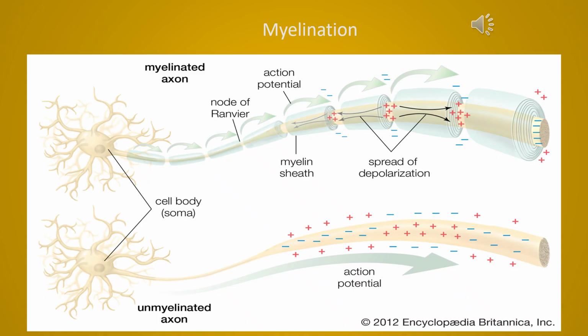So myelin has a purpose that it serves, and we see the importance of that purpose, especially in people who are losing their myelin. Now, there are also other causes of demyelination.